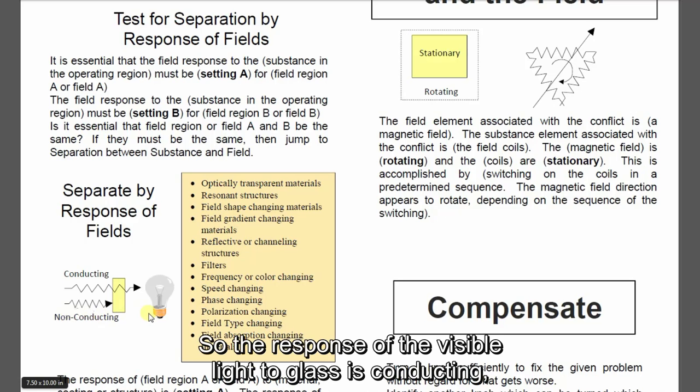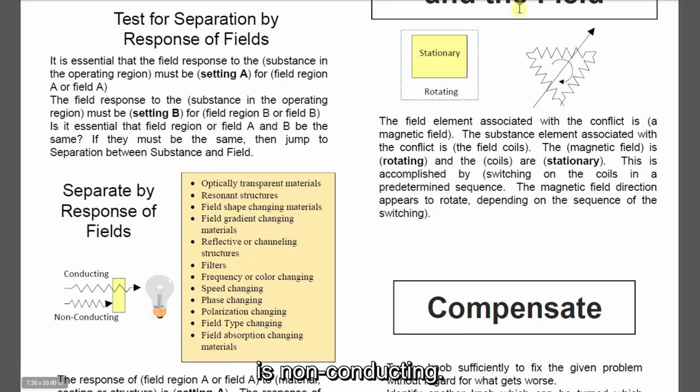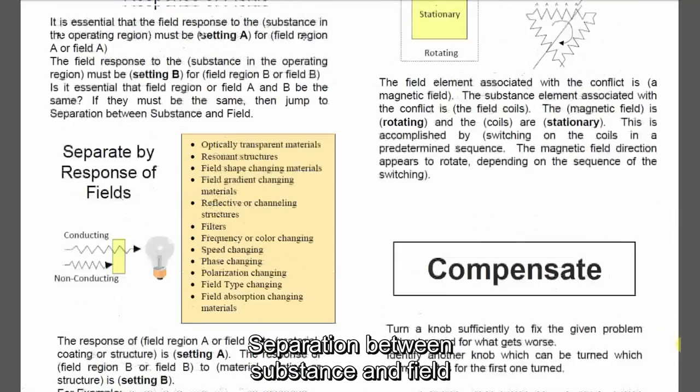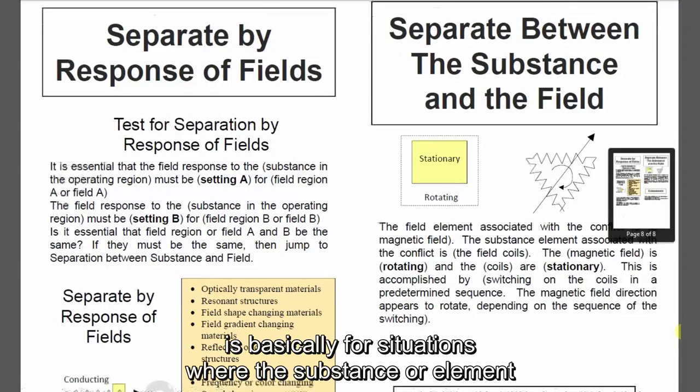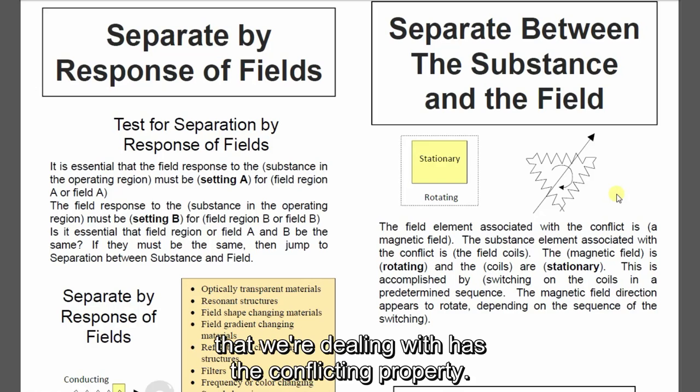So the response of the visible light to glass is conducting, and the response of ultraviolet light to glass is non-conducting. Separation between substance and field is basically for situations where the substance or element of interest has one property and the field that we're dealing with has the conflicting property.